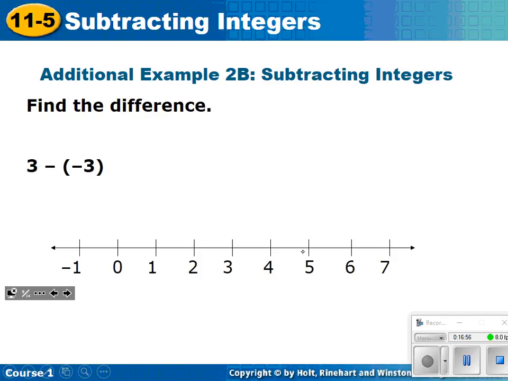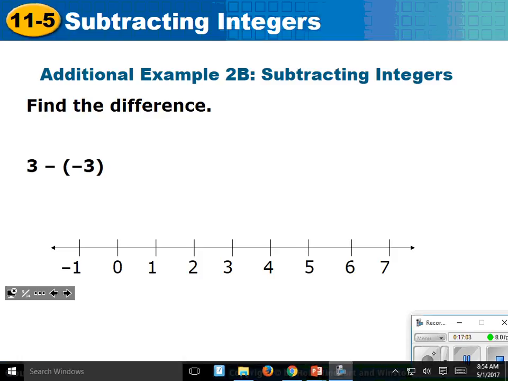Three minus a negative 3. What's your answer? If you need to use the number line to do it, okay? 3, you start at 0 always. The first number tells us to go over 3, which is what we do.